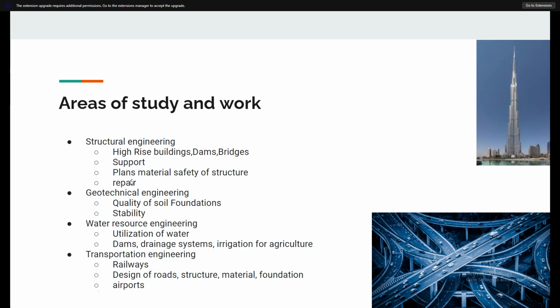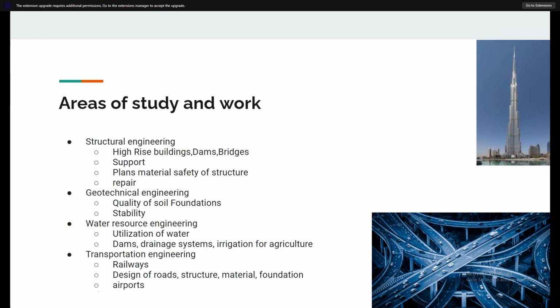They also need to deal with the maintenance and repair of materials. They will survey a building for the quality of materials, and if anything is deteriorating, it's important for them to find out.